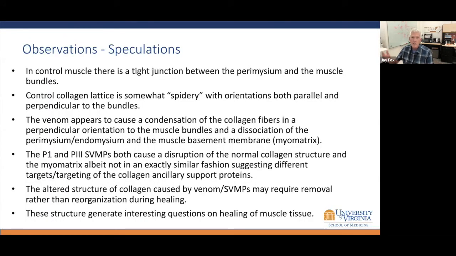So our speculation is that normally there's a tight junction between the perimysium and the muscle that's probably disrupted. The spidery orientation of the collagen fibrils is being disrupted. The P1 and the P3, I will argue to you, give rise to a different structure of the fibrillar collagens over time. And that's probably because they're targeting different molecules. And I would say that this probably has an impact on muscle healing.